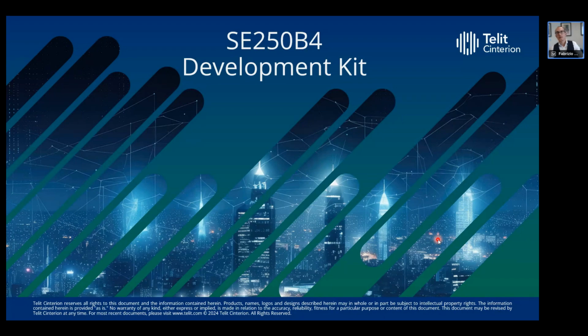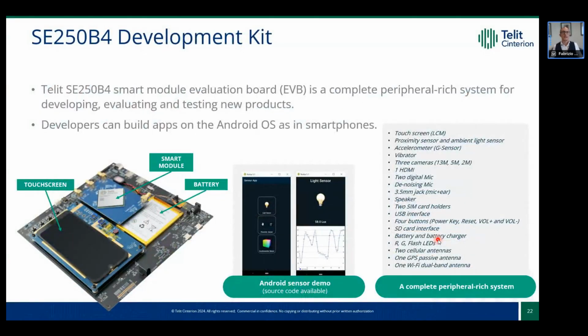The SC250B4 comes with its development kit. The development kit, the evaluation board, is a complete peripheral-rich system that you can use to build your software application. It's quite easy to develop a new software application, and developers can build applications on the Android operating system as they do on a smartphone.